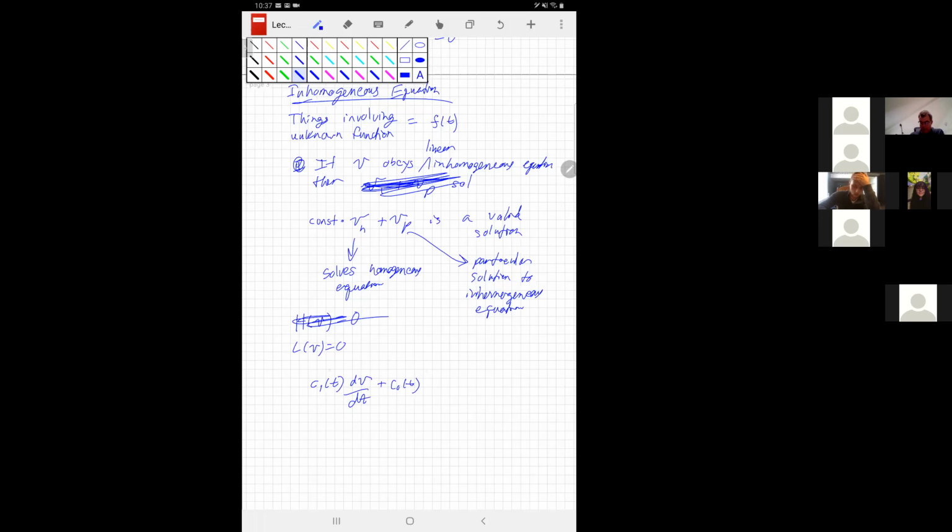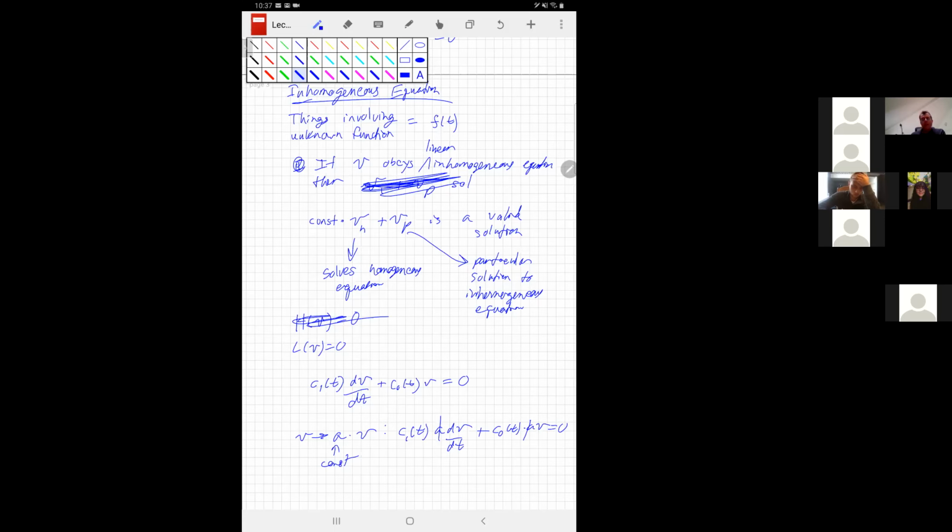And I'm calling this 1 because it involves the first derivative, and 0 because it involves no derivative. All right, well then I could replace V with A times V, where A is a constant. And I would get C1 of t A dV/dt plus C0 of t times AV equals 0. Because if I just cancel out the constant, I still get the original thing.